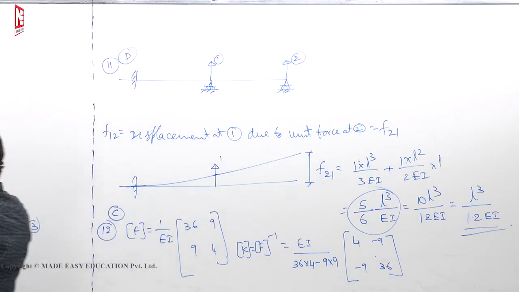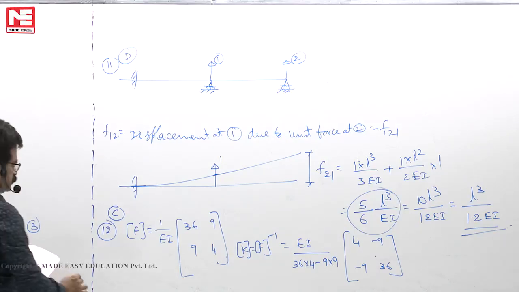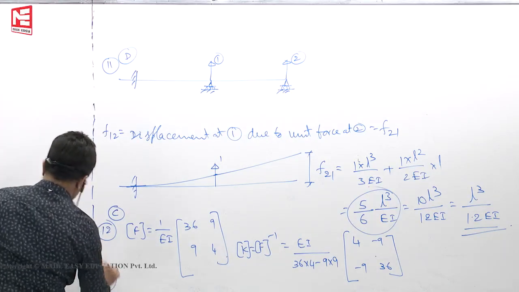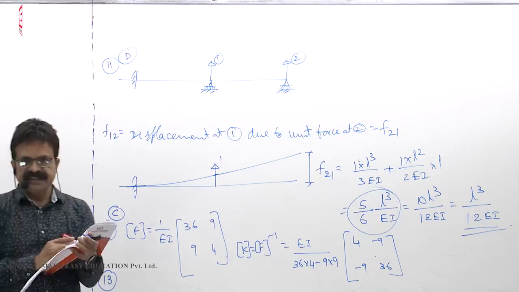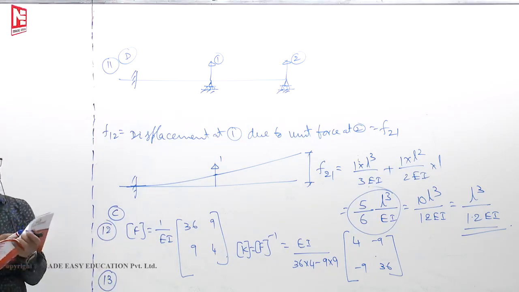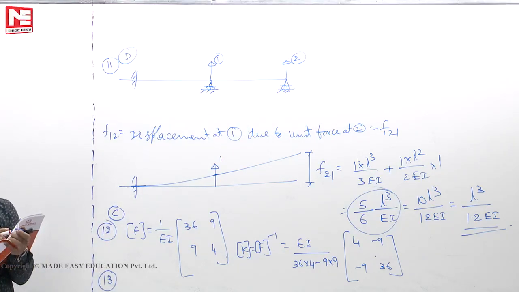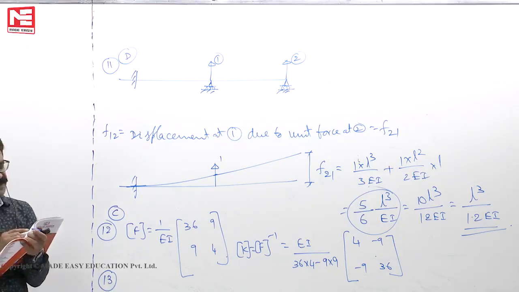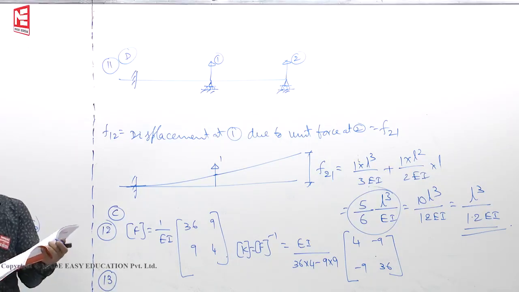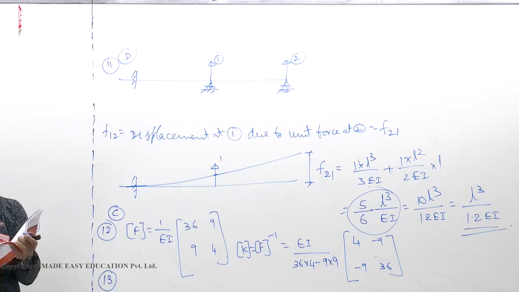That's all. Next, 13th question. For stable structures, okay, unstable structures we cannot derive. One of the important properties of flexibility and stiffness matrices is that the elements of the main diagonal are always positive. Stiffness matrix must be positive.